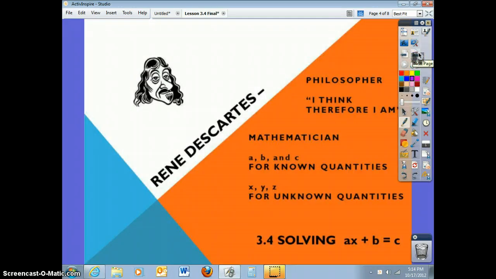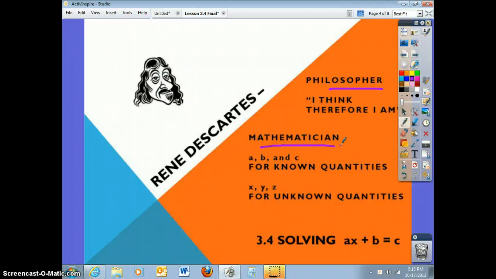The first thing they talk about in 3-4 is this fellow named René Descartes, who was a French philosopher as well as a French mathematician. One of his most famous things that he said as a philosopher is, I think, therefore I am. And you can talk to Miss Easy or somebody who's very knowledgeable about philosophy about René Descartes.